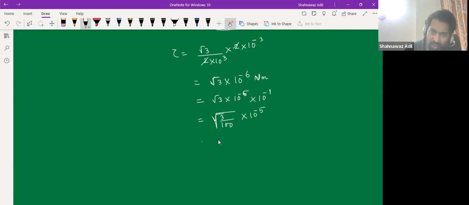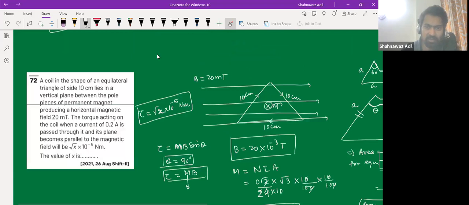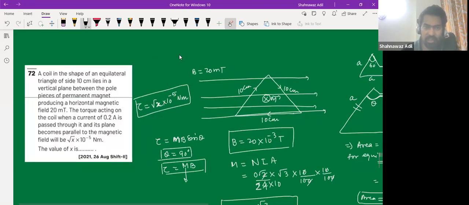So this is root x into 10 to the power minus 5. So x is 3 by 100 that I'm getting. So 0.2. This is the x that I'm getting. Okay, is this thing clear, guys? Is this thing clear?